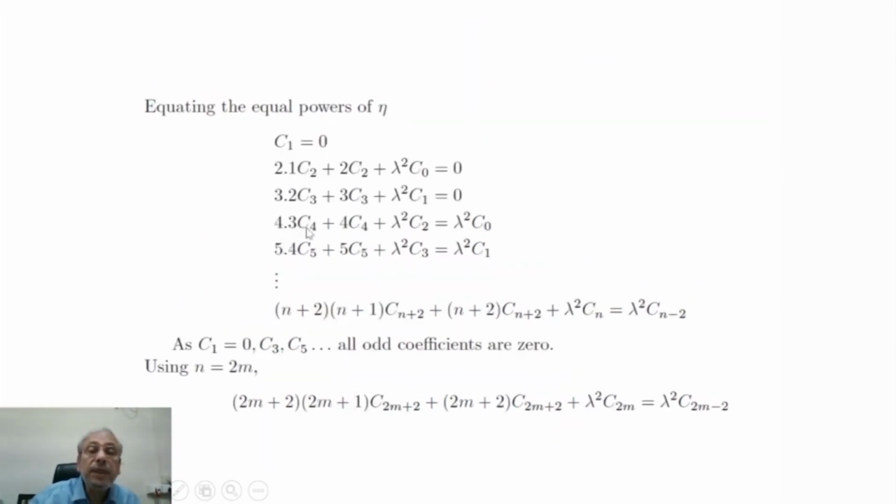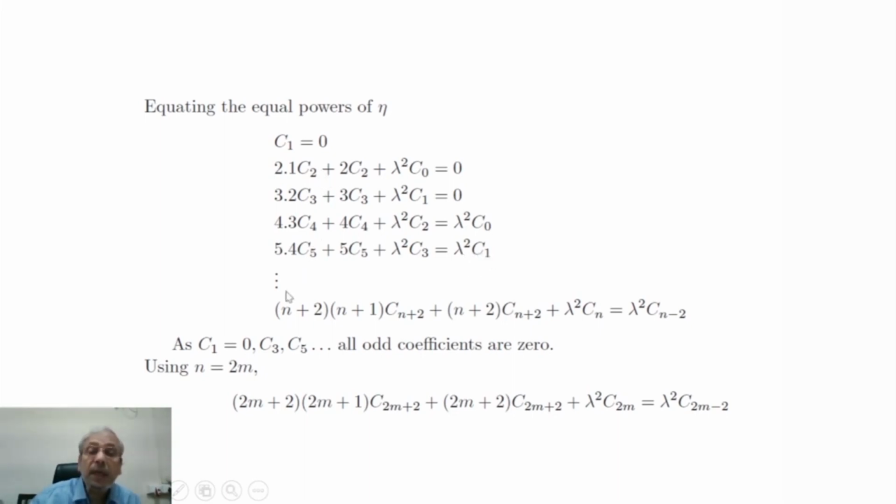So 4 into 3 C4 plus 4 C4 plus lambda square C2 equal to lambda square C0. 5 into 4 C5 plus 5 C5 plus lambda square C3 equal to lambda square C1.